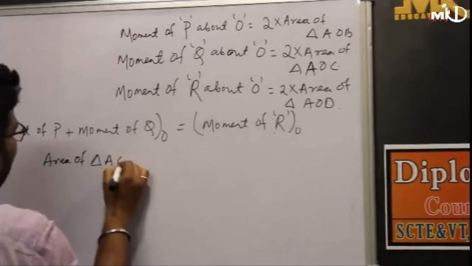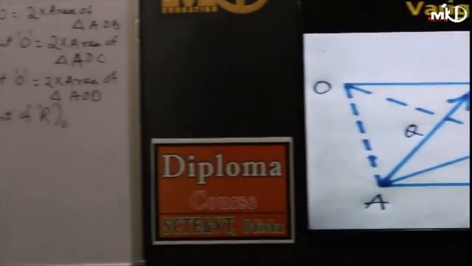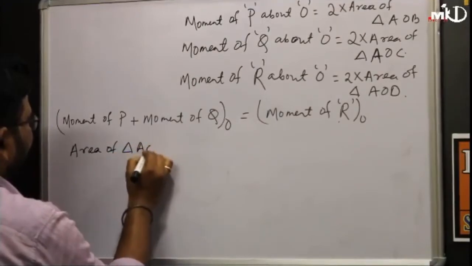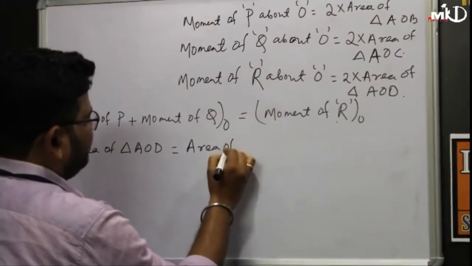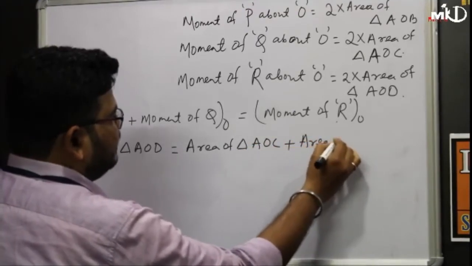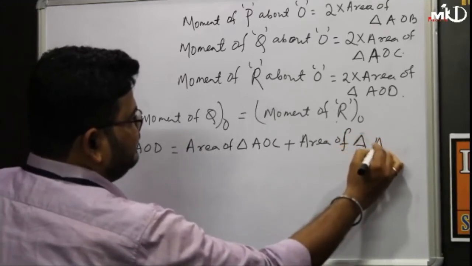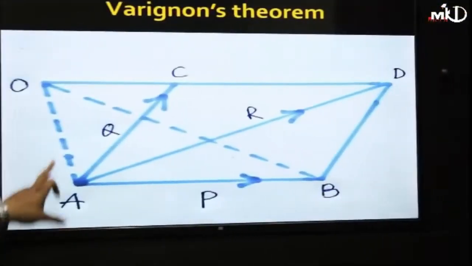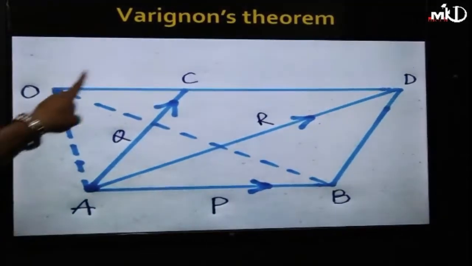That means, again, the area of triangle AOD is equal to the area of triangle AOC plus the area of triangle ACD.